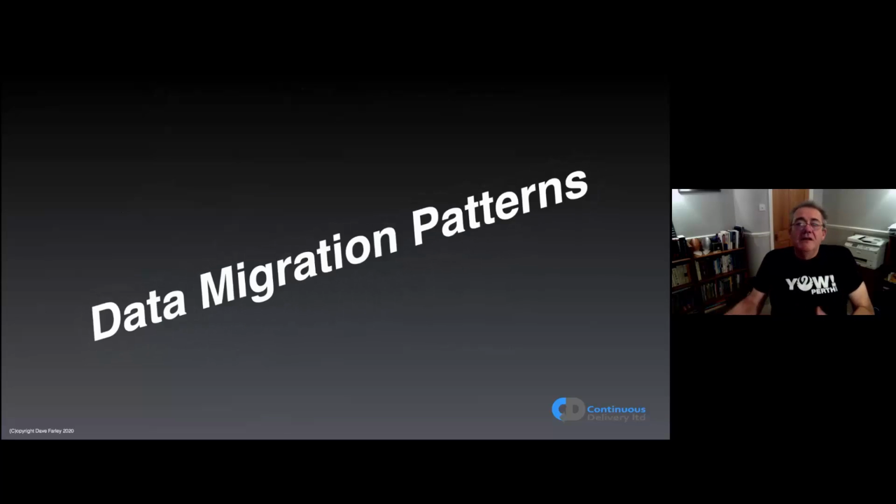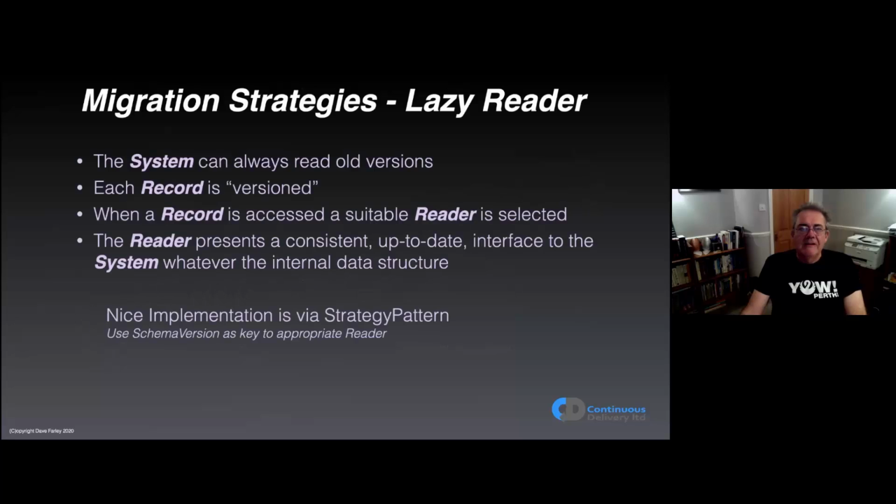So we're now starting to get into the territory of things that we might think of as data migration patterns. There's a variety of these. The thing that we've just been through is a data migration pattern in its own right, and it's what I would call a deployment time migration.